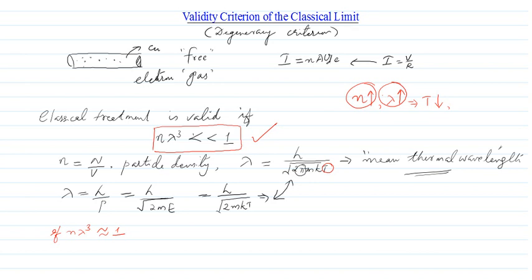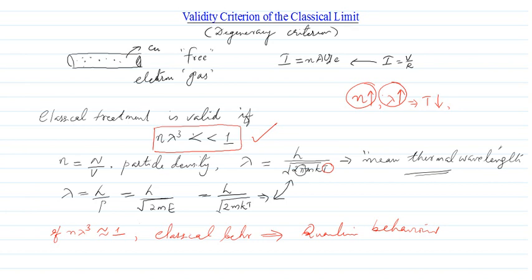When n lambda cubed becomes of the order of unity, the classical behavior shown by such ideal systems approaches quantum behavior. From very low values it increases and approaches unity.